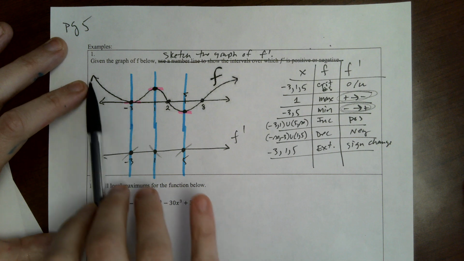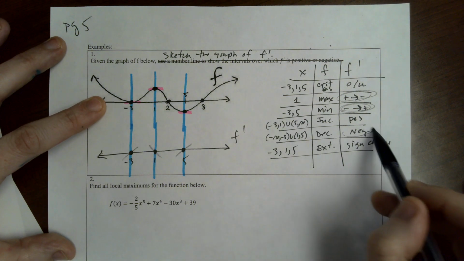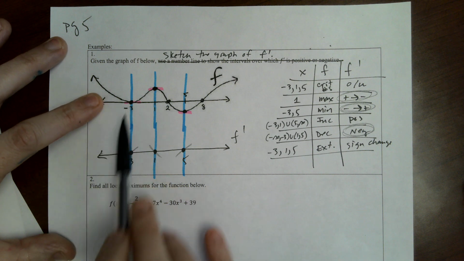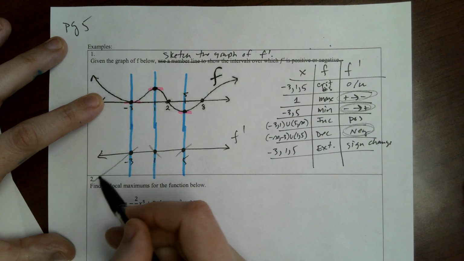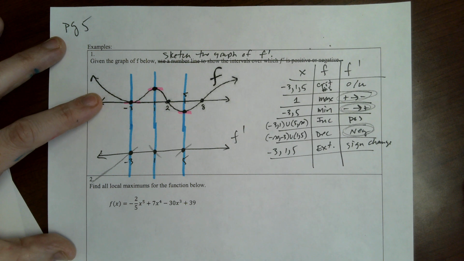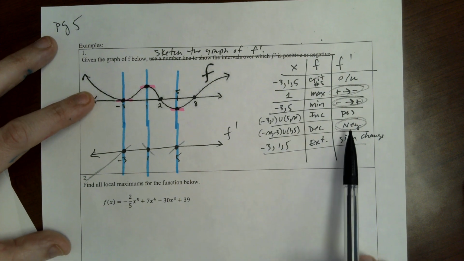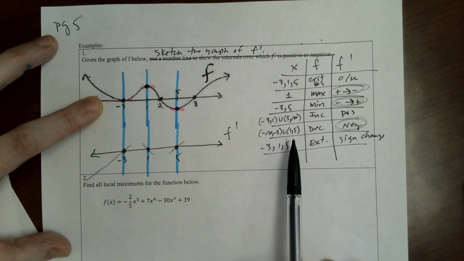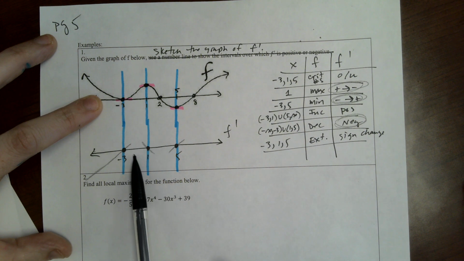All right, so here f is decreasing, so f prime is negative. So on this interval, f prime is below the x-axis. So I could just keep going. And that makes it work. It's not going to be perfect, but just whatever would make it work. Like the simplest thing. All right, next, from negative 3 to 1, f is increasing.